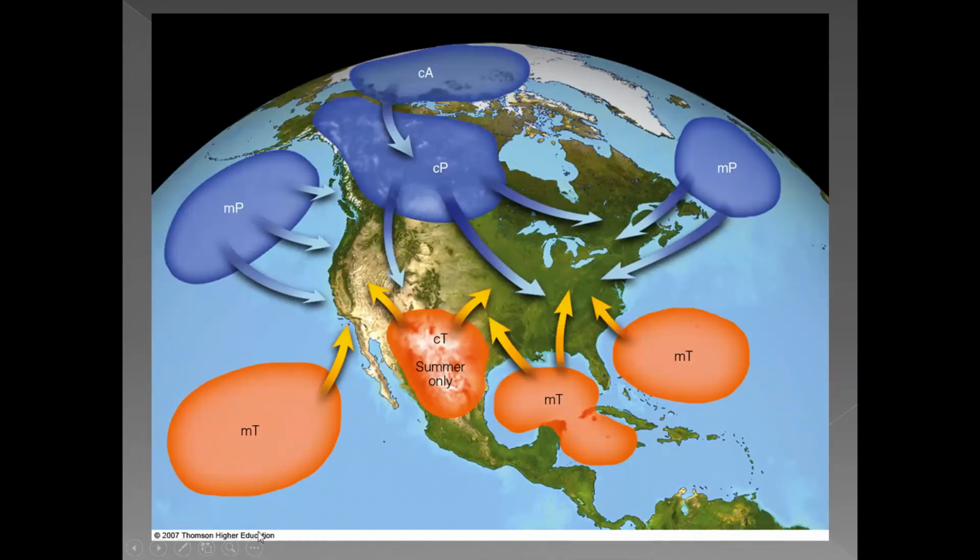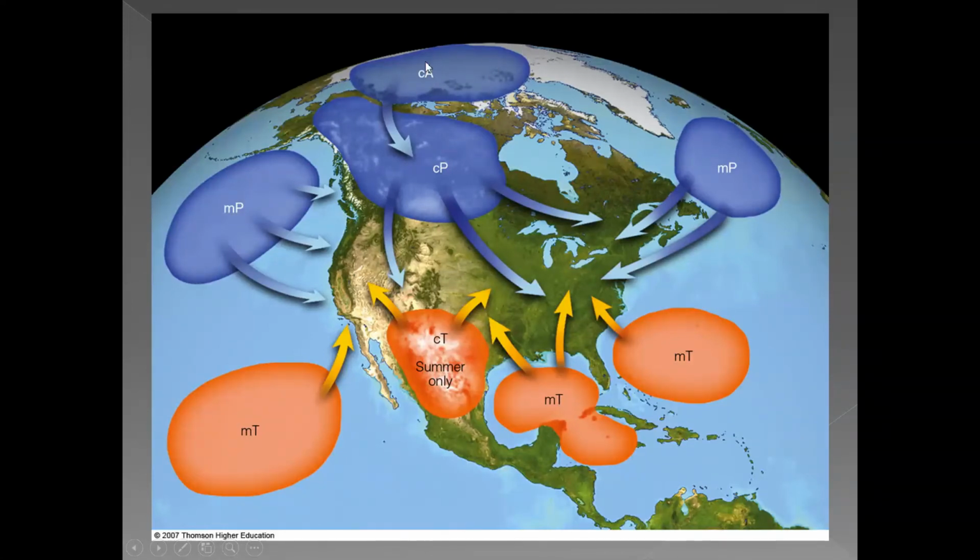Continental tropical air masses form over the tropical land areas. And we'll talk about the summer only in a moment. Maritime polar air masses form over the polar oceans. Continental polar forms over high latitude land. Continental Arctic, these form right near the North and South poles.